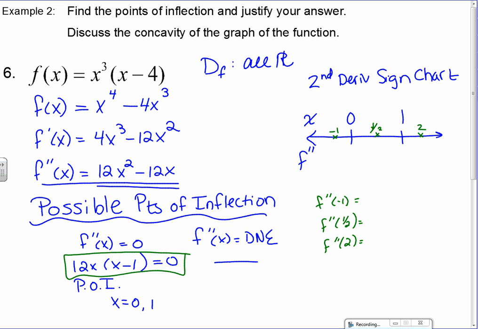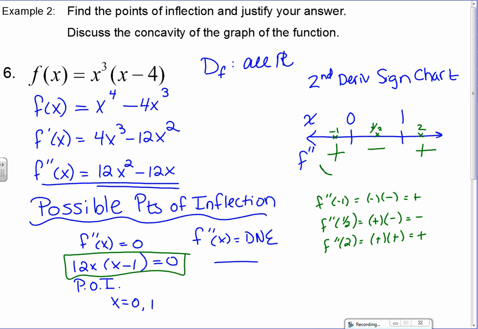So I put in negative 1, I'm going to have a negative times a negative, giving us a positive region. For 1/2, we put in 1/2, and we will have a positive followed by a negative, giving us a negative region. And put in 2, and it'll be positive, positive, yielding a positive outcome.